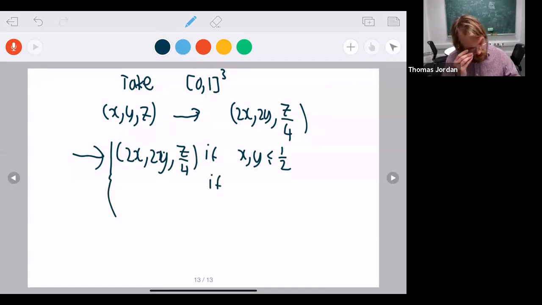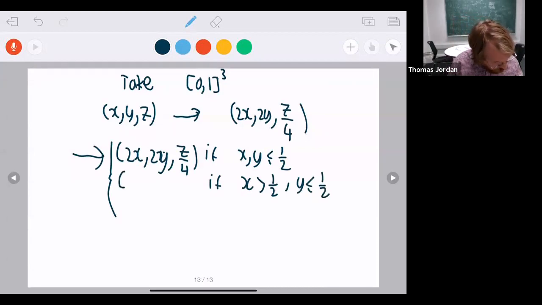But now suppose the x direction is greater than a half, but the y direction is less than a half. So now x going to 2x is greater than 1, so it's some value between 1 and 2.